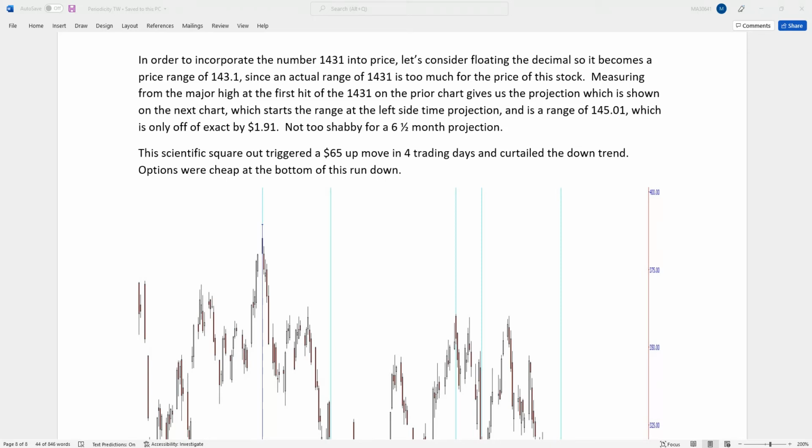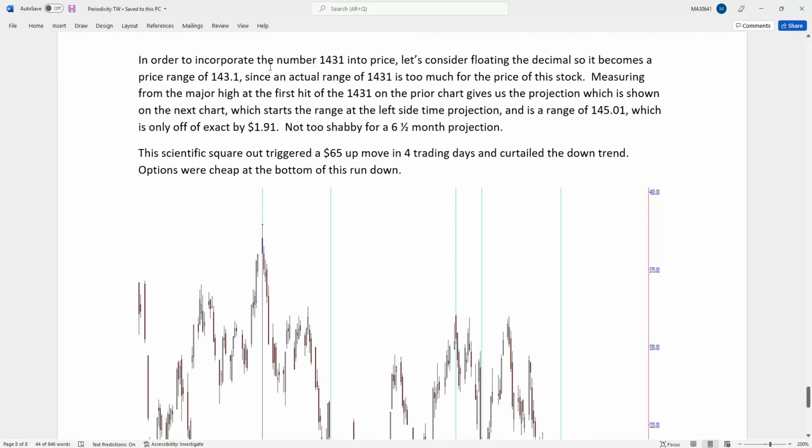Now, since 1431 is a large number and it's too large to apply to the price scale, because we're only trading in the 250 to 400 area here, we've got to float the decimal, and we're going to make 1431 143.1, and that will fit the stack better.